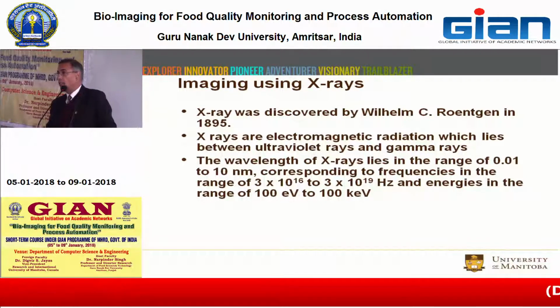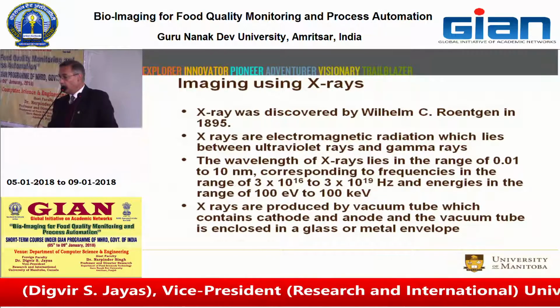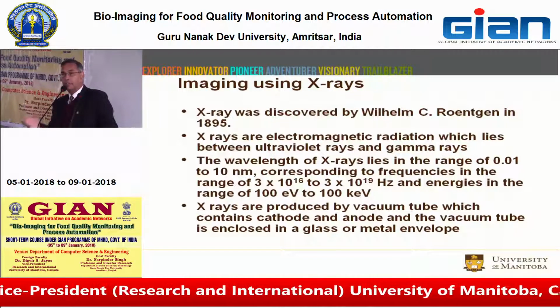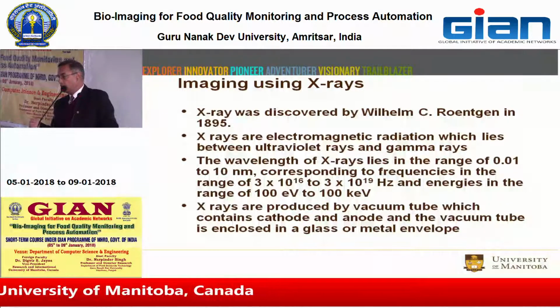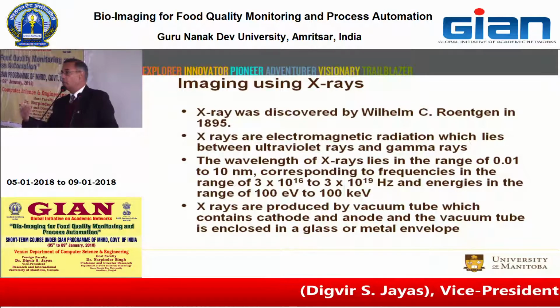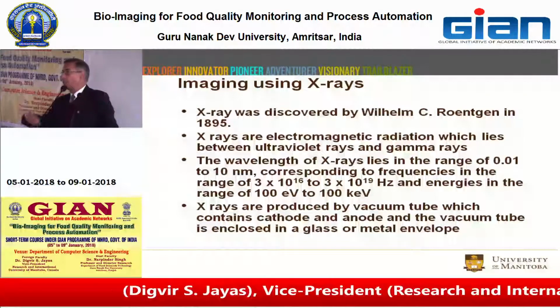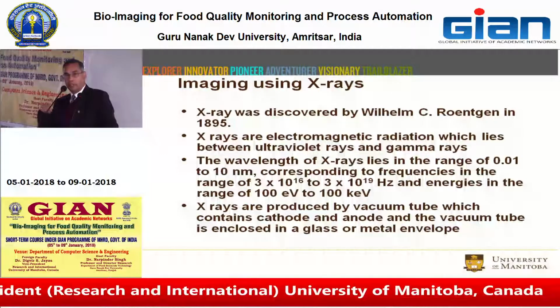If you convert that wavelength using the 1/lambda relationship, it gives you frequencies from 3 x 10^16 to 3 x 10^19 hertz, or cycles per second. And the equivalent energy of X-rays could be somewhere between 100 electron volts to 100 kilo electron volts, so basically up to 1,000 times that.